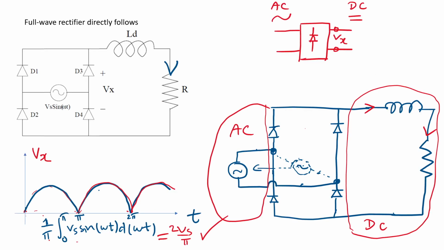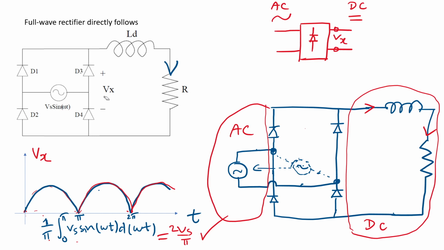Right. Next, you can see the full wave rectifier. For the full wave rectifier, you need to use 4 diodes in order to have the full wave like this. So you look at the waveform of VH. Actually, it's just the absolute value of the waveform of the source, because the source can have positive voltage and negative voltage, but after it passes through the bridge, VH here is just the absolute value of the sine wave, right?